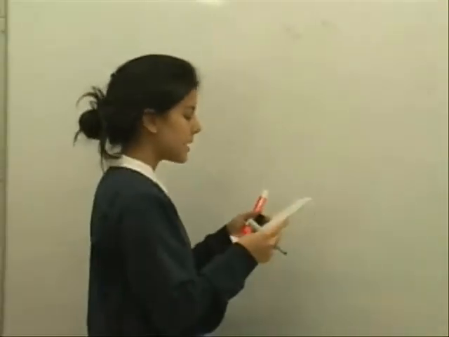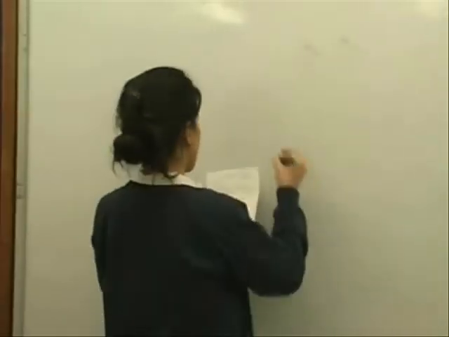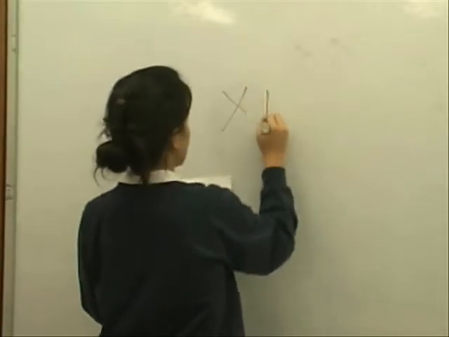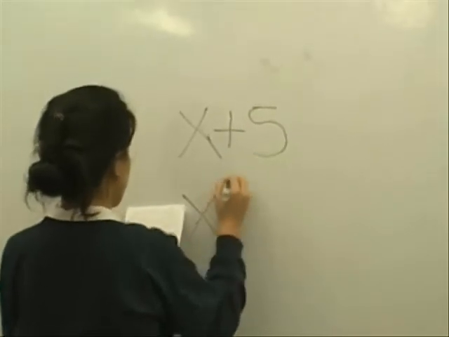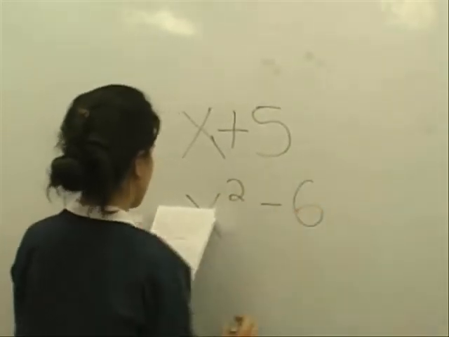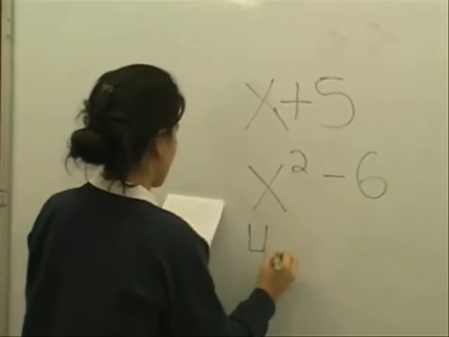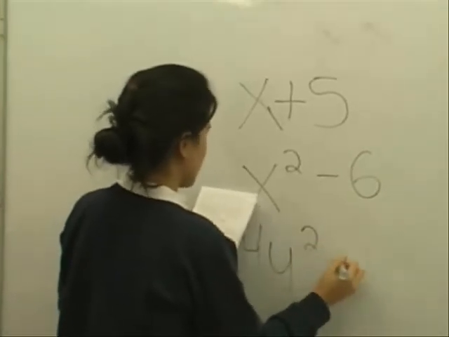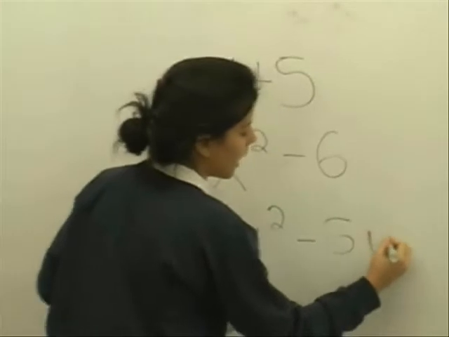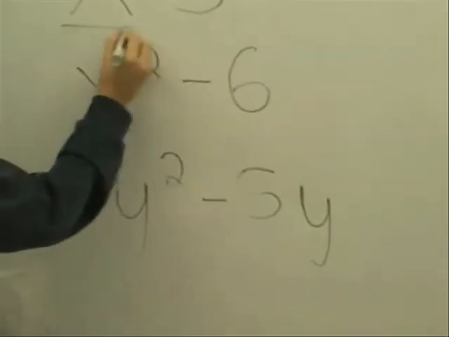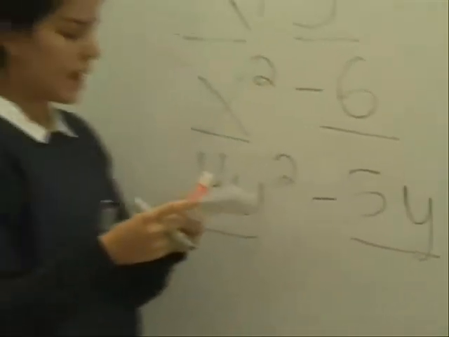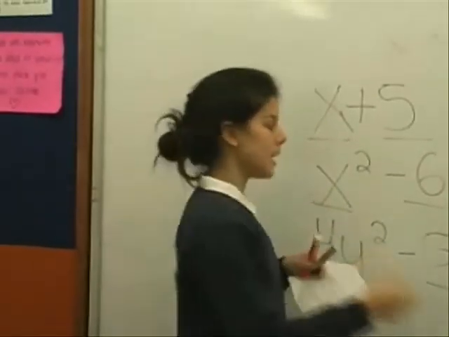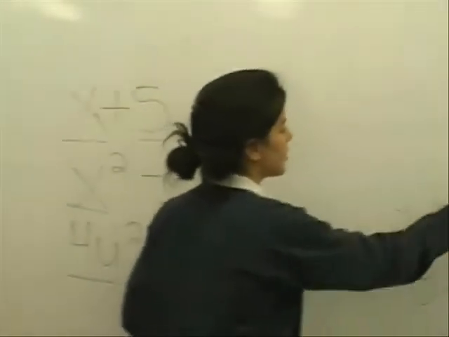Polynomials that contain 2 terms are called binomials. For example, x plus 5, x squared minus 6, or 4y squared minus 5y. All of these contain 2 terms. A trinomial is a polynomial that contains 3 terms.